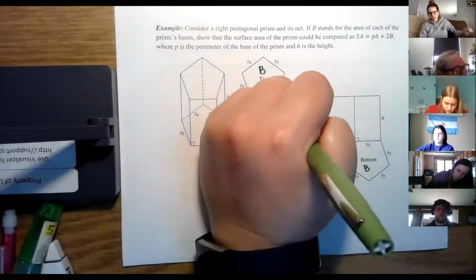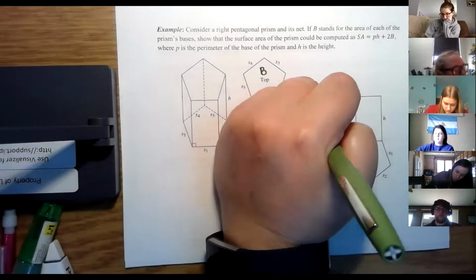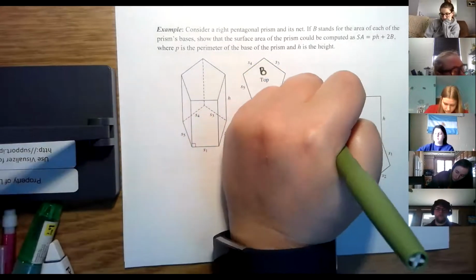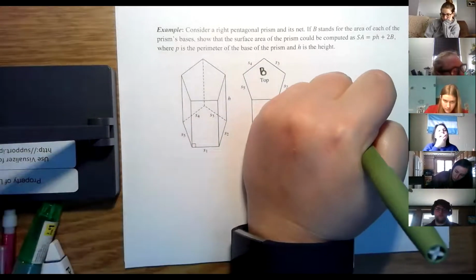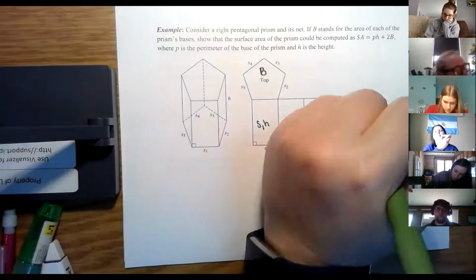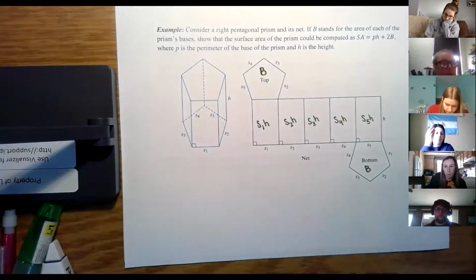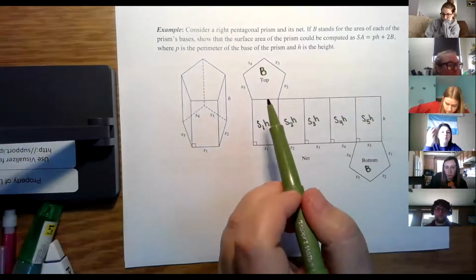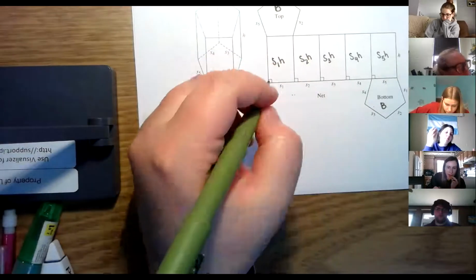This would be S2 times H for that rectangle. S3 times H for that rectangle. S4 times H for that rectangle. And S5 times H for that last rectangle. So just like what we did in the other ones, we would add the area of the bases plus the area of the lateral faces.